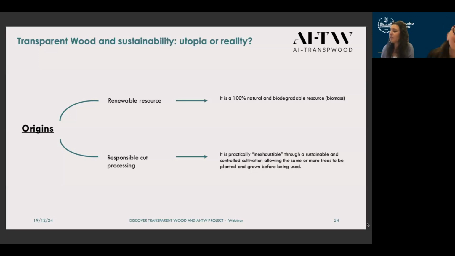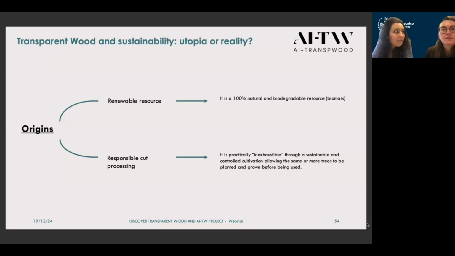The wood used for the transparent wood is usually poplar veneers, but several other species have been tested, like for example balsa wood, basswood, but also pine, ash, birch, and also stronger high density wood species like walnut have been recently tested.